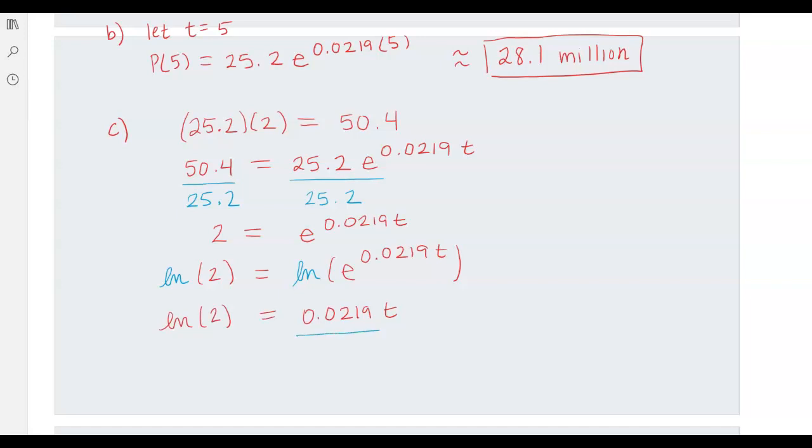Divide both sides by that decimal number, and then plug into a calculator. So we're getting that t is approximately 31.7 years.